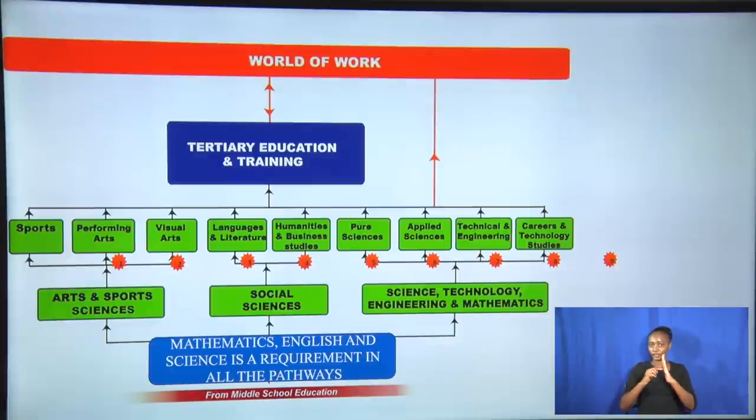Then the last one is STEM, which has 4 tracks: pure sciences, applied sciences, technical and engineering, and career and technology studies. So STEM: science, technology, engineering, and mathematics. And you can see it's a curriculum that is differentiated, that offers opportunity.